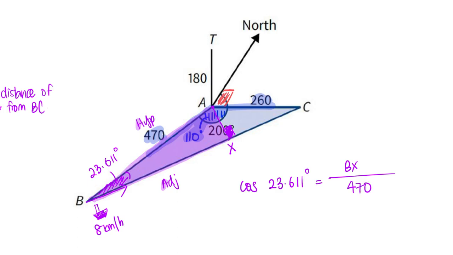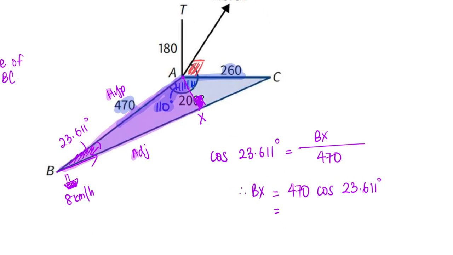This will give me the length of BX, which is of course needed in order for us to calculate the time taken. This will be 430.65 meters to 5 SF.